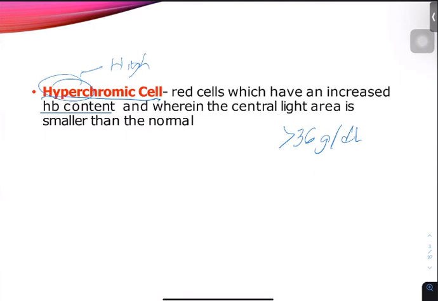No, there is no more central pallor. You can only see a large, dark-coloring red cell, as it has too much hemoglobin content.